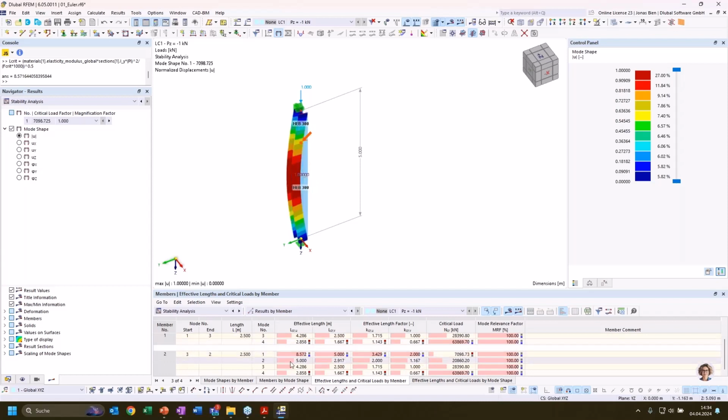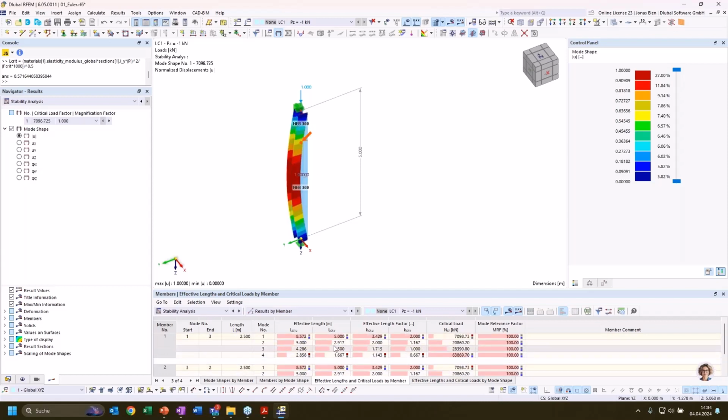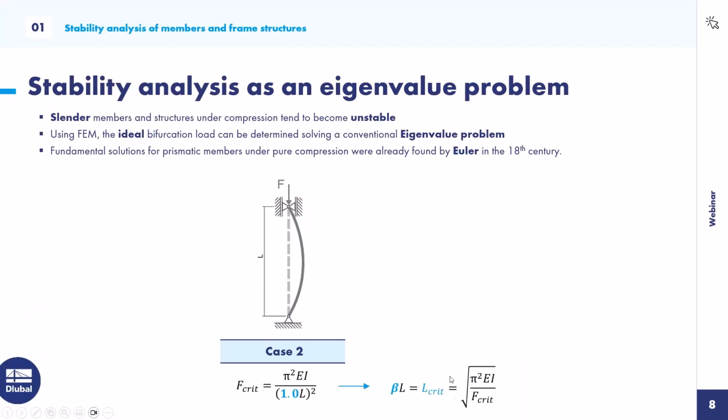So now we have two members, but the effective length for each member is still 5 meters, and that's what is expected when we look at the formula for the calculation of our critical buckling length, because the Young's modulus and the moment of inertia have not changed, and also the critical load factor has not changed.